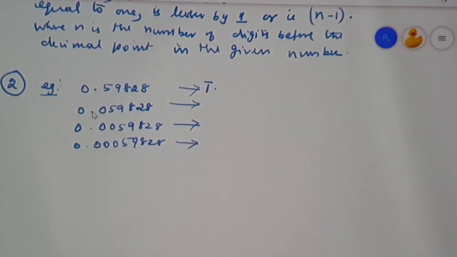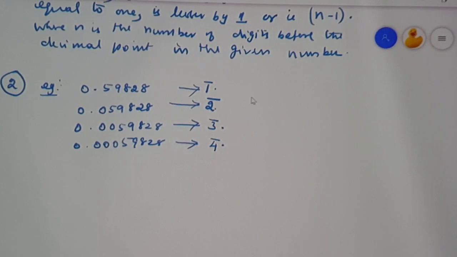See here, how many digits I have to move this decimal point to take the logarithm. I have to get 5 point. So I have to move this decimal point by 2 digits. So I am writing here as 2 bar. Here 1, 2, 3, so 3 bar. Here 1, 2, 3, 4. Then only I can get 5 point. Then it is 4 bar.